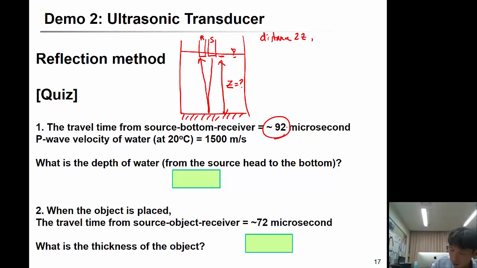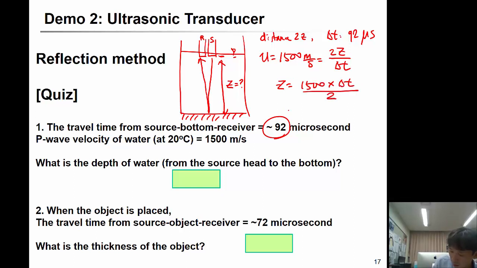It took about 92 microseconds, and we know the velocity is 1500 meters per second, and this is 2z over delta t, so the z will be velocity times delta t over 2. So then how much do you get?